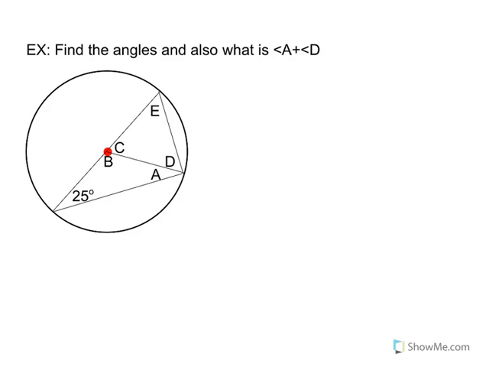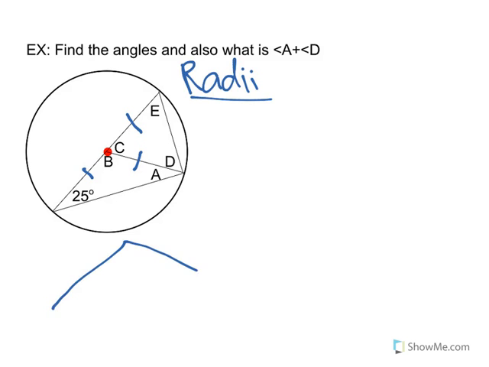Now, since this triangle is in a circle, we hopefully see all the different radii in the circle. We have one here, here, and here. So, starting where we have information, what kind of triangle is this?